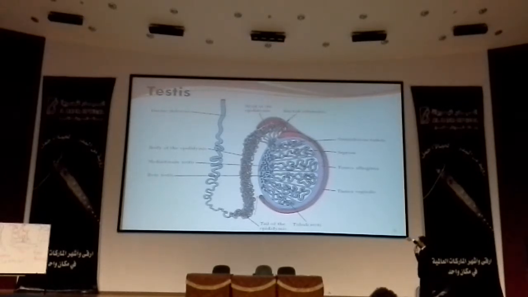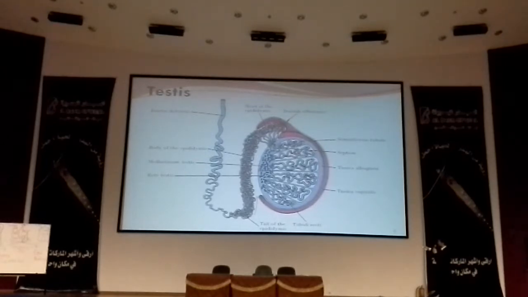It's not covered posteriorly. But also, inside the tunica vaginalis, there is a fibrous connective tissue called tunica albuginea. And this tunica albuginea divides the testis into lobules. This lobule, another one.